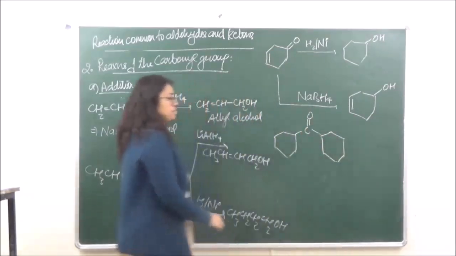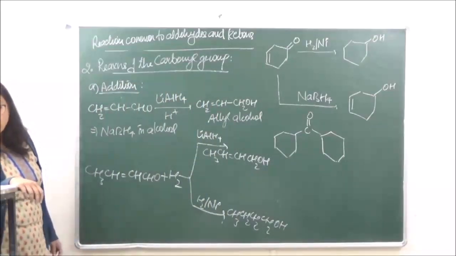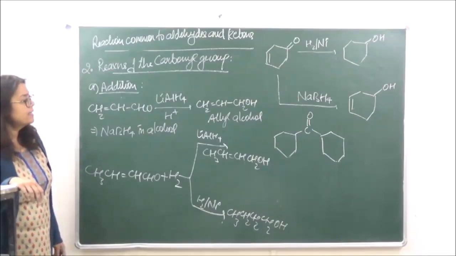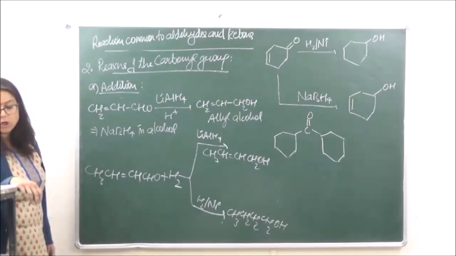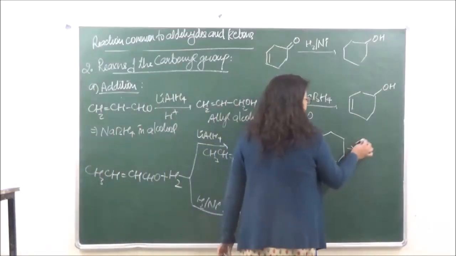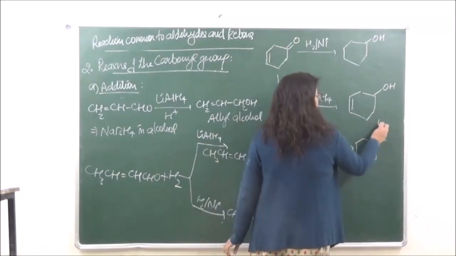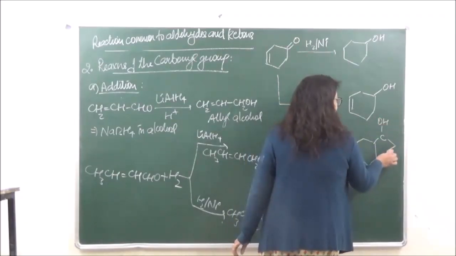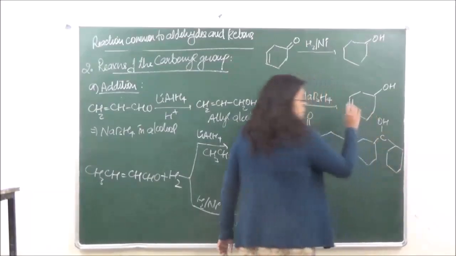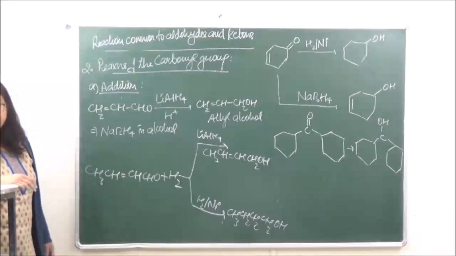And if you are taking a dicyclohexyl ketone of the type, this is dicyclohexyl ketone, and we are reacting this in presence of sodium borohydride. What is going to be our product? It is only the C=O which is getting converted into OH.